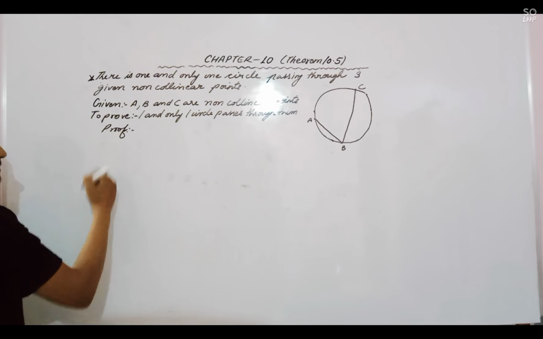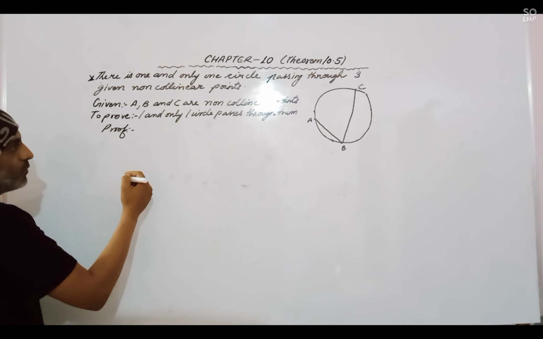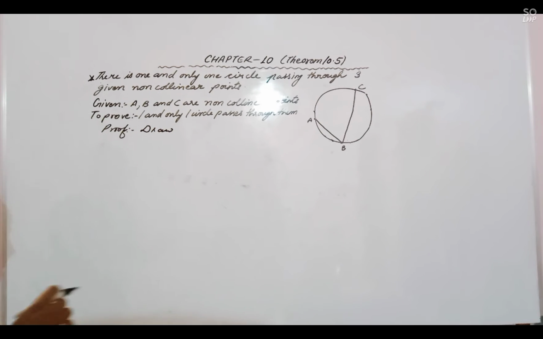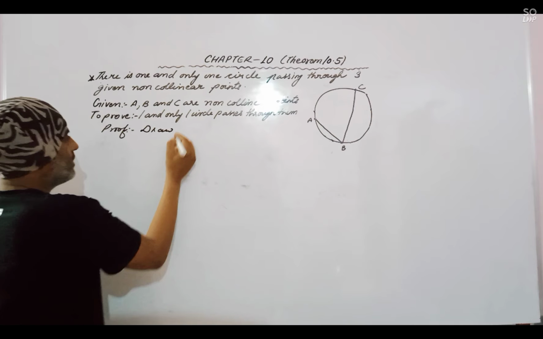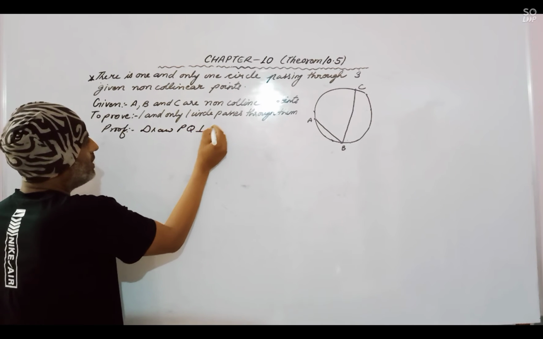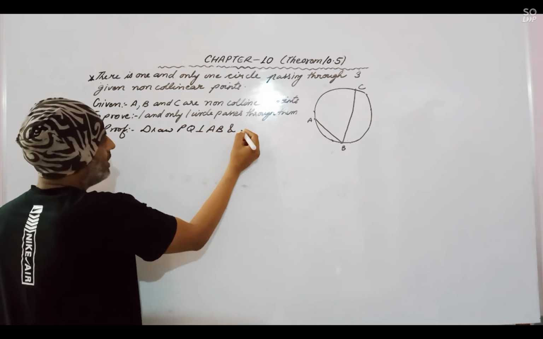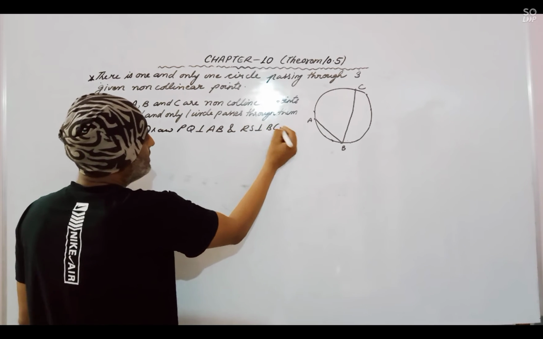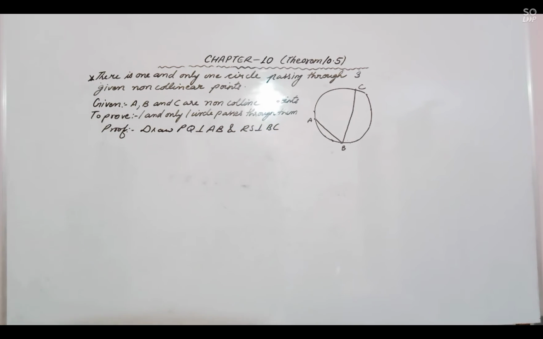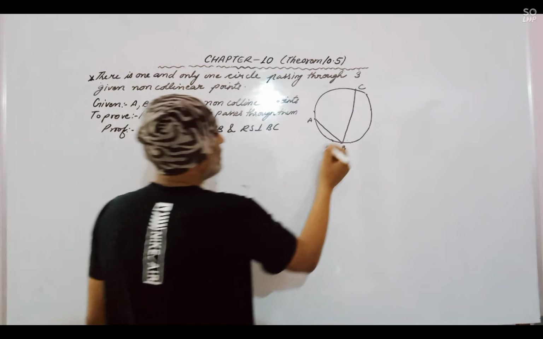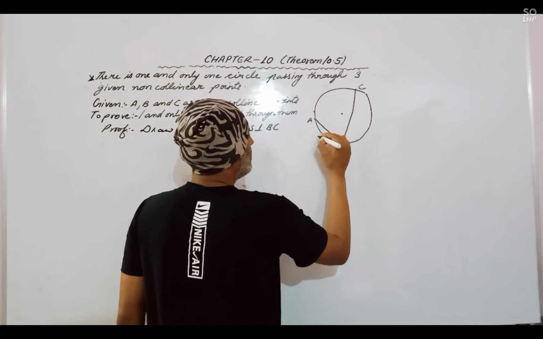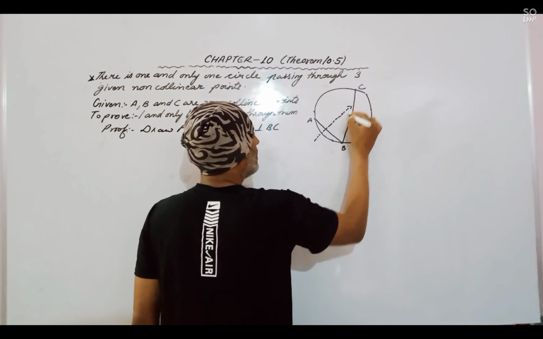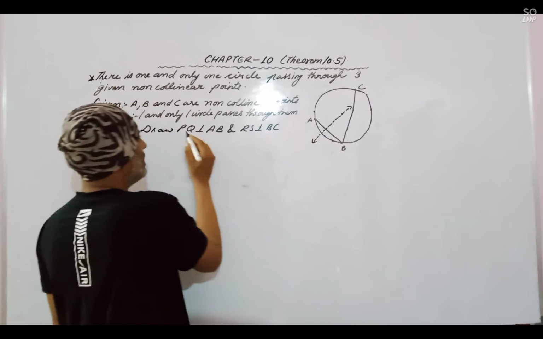So first of all, we'll draw, you can write, first we'll draw PQ perpendicular to AB and RS perpendicular to BC. So let's draw it in the theorem itself. Let's draw the perpendicular PQ.